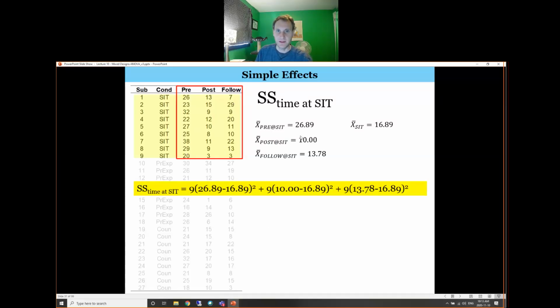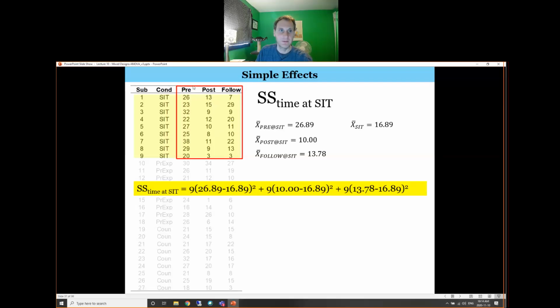So in this case, I compute my deviation between my pre and my marginal mean, my post, which is 10, and my marginal mean, 16.89, my follow-up, 13.78, and my marginal mean, 16.89, square each result, and multiply by, in this case, 9, because I have 9 people in that condition.